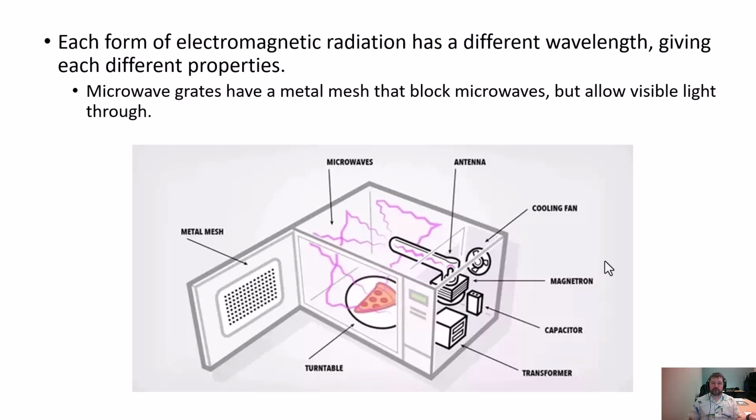Unfortunately, on this planet right now, most of it's generated via fossil fuels. So we're taking ancient energy and converting it into microwaves and visible light waves in order to cook a piece of pizza. But those wave patterns are constantly coming to the planet anyways.